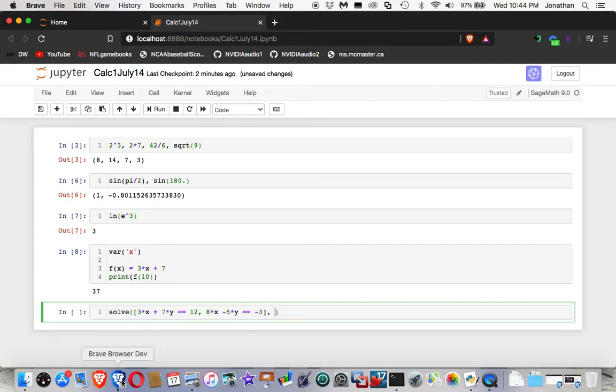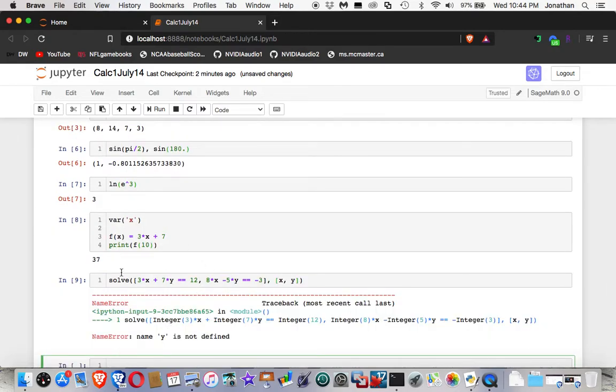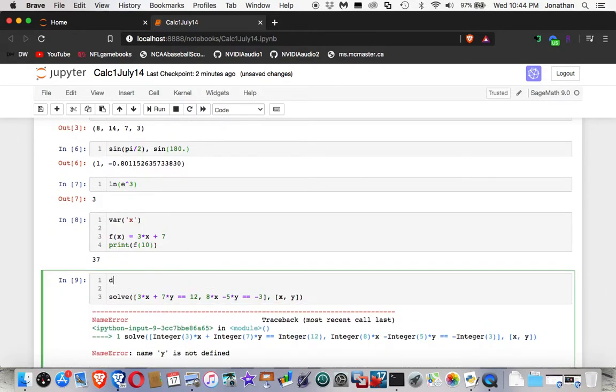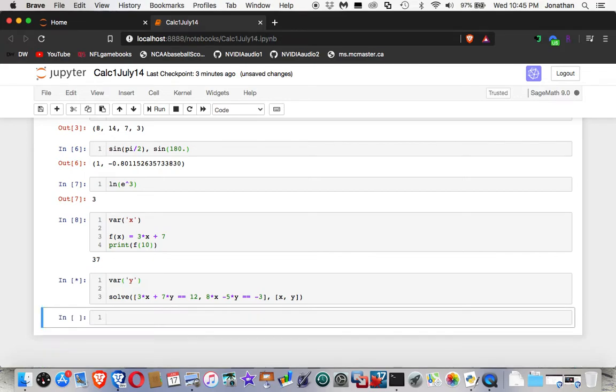And I want to solve this for x and y. And I need to define y as a variable. So now y is nicely defined as a variable.